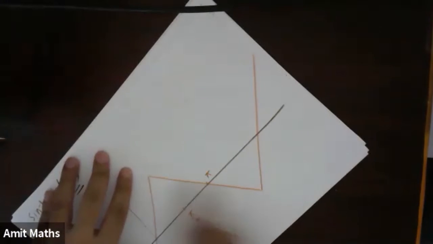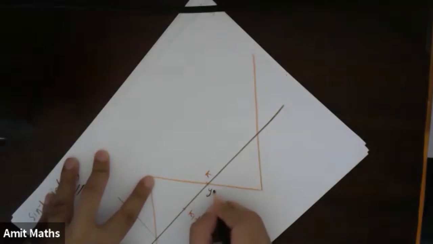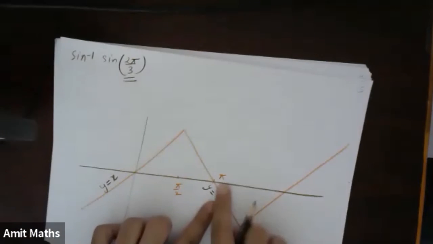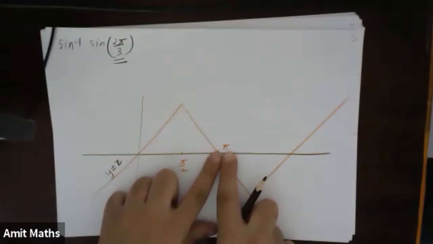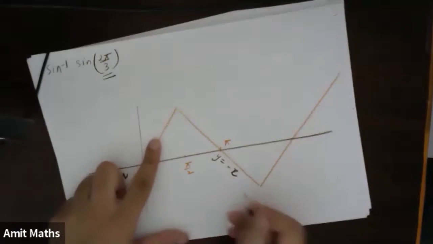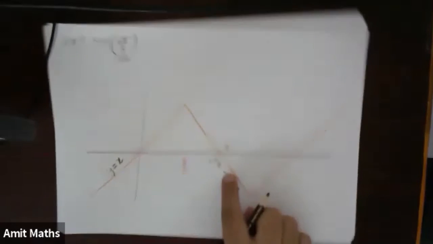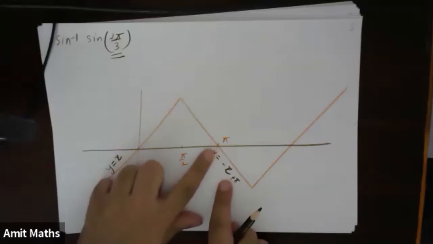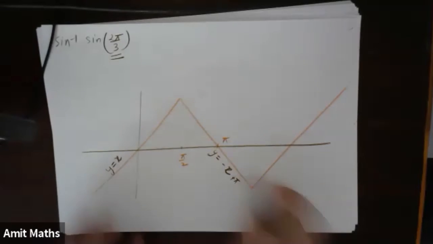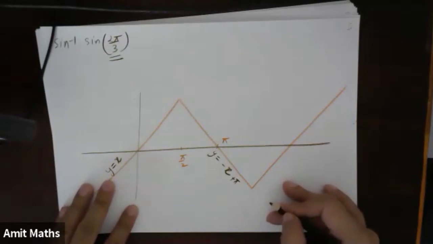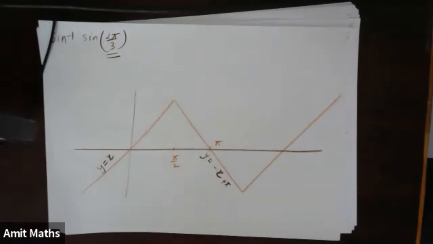The equation of this line is y equals minus x, and the x intercept should be pi, so this will be plus pi. When we substitute y equals 0, x will become pi. So this line is correct. Everybody understood the equation of this line? Yes or no? Tell me fast.